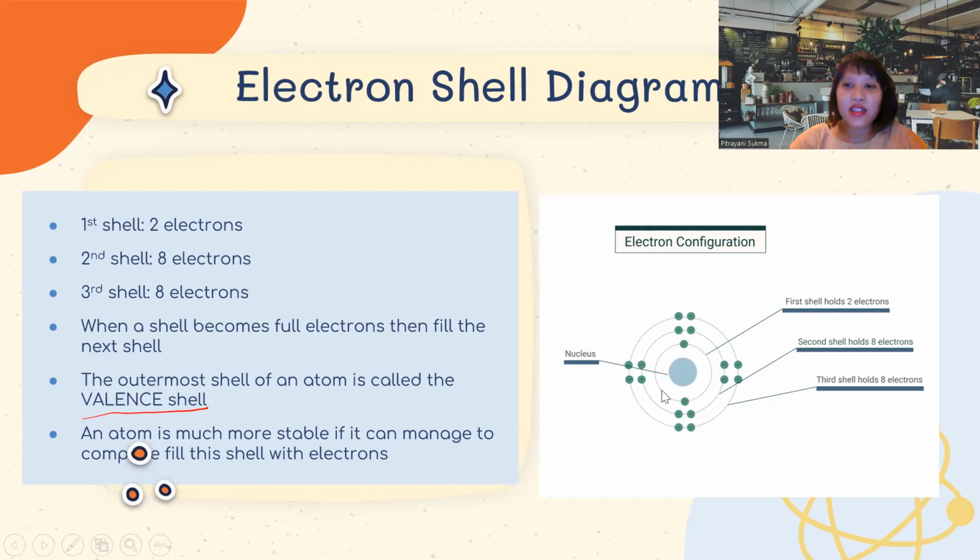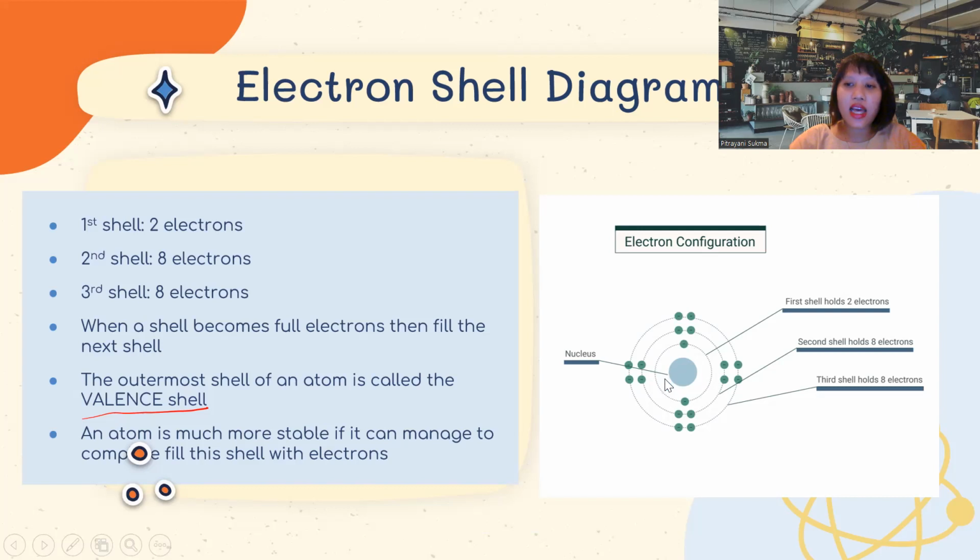For example, the first shell contains a maximum of 2 electrons, so this becomes very stable. But if the first shell only has 1 electron, it is less stable compared to a first shell that contains 2 electrons.